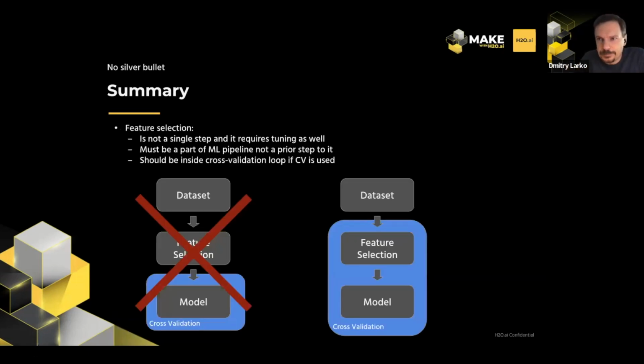So, summary. You cannot have a single technique and that's it. By the end of the day, in some cases, you have to try some of them, and some of them can work better than others. Rule of thumb: by pre-selecting features using feature selection, in some quite rare cases, you can actually end up with an even better performing model.